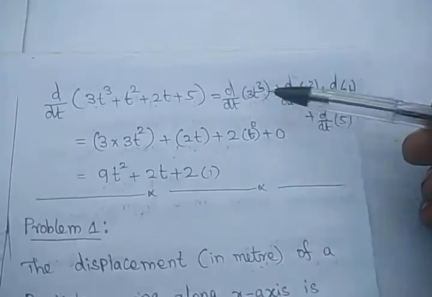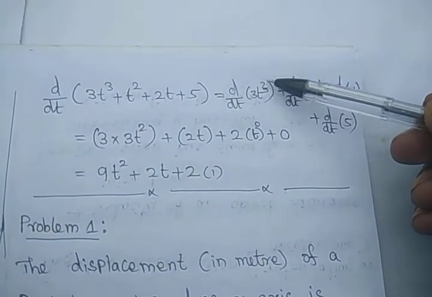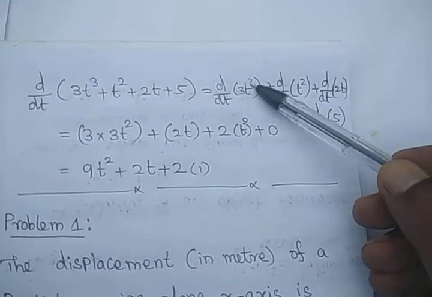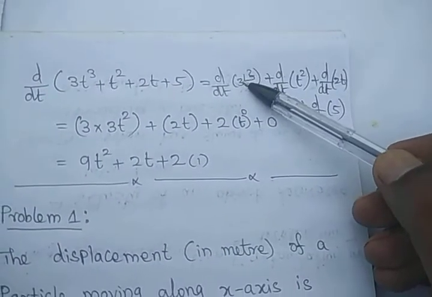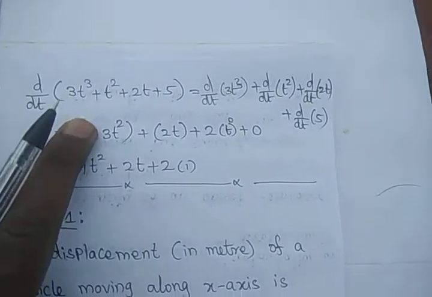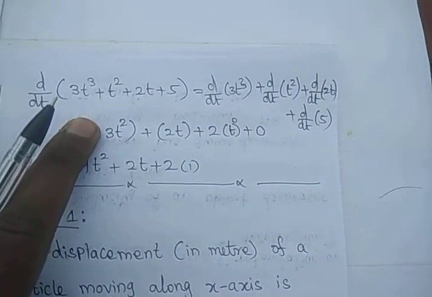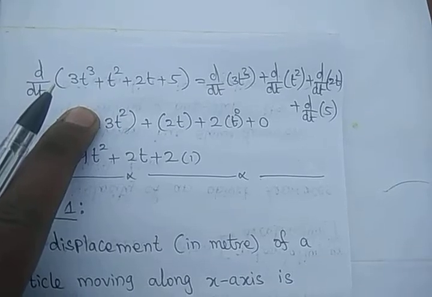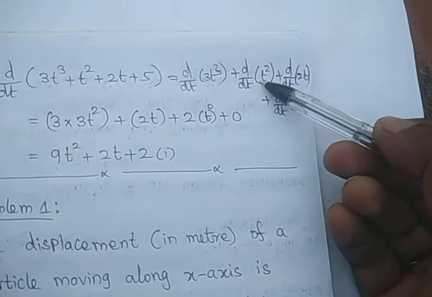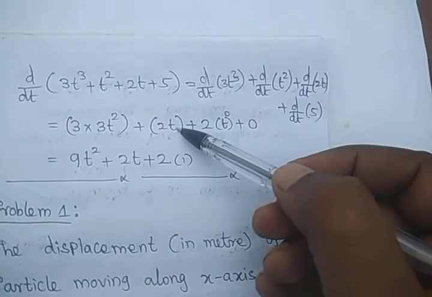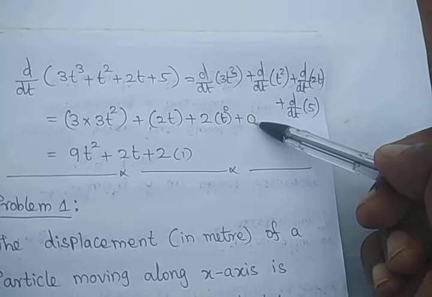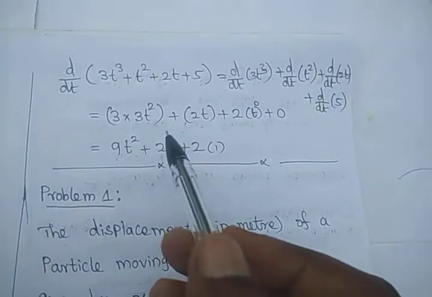Then what is the d by dt of 3t cube? The 3 is a constant, we take it outside. Then this 3 comes here and t power 2. So for t cube we have a differentiation of 3t squared. For t squared we have 2t, and for 2t it is having t power 0. Very simple, students.